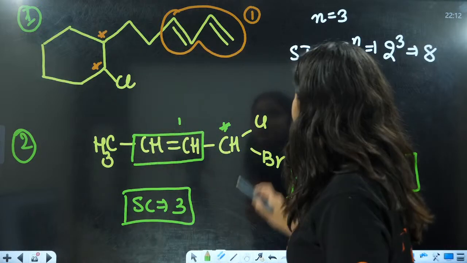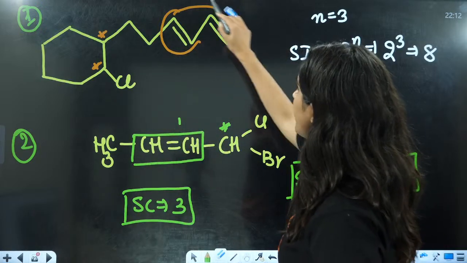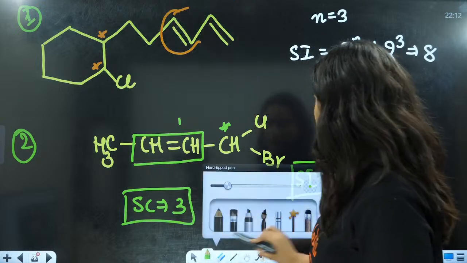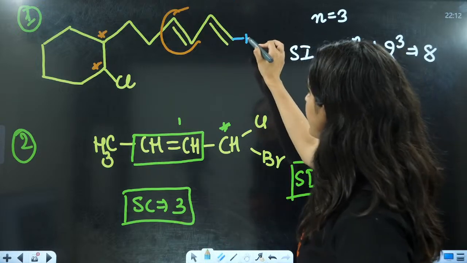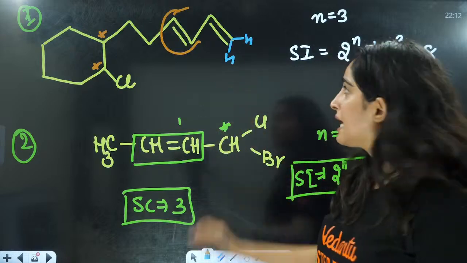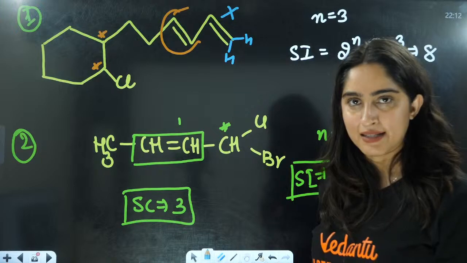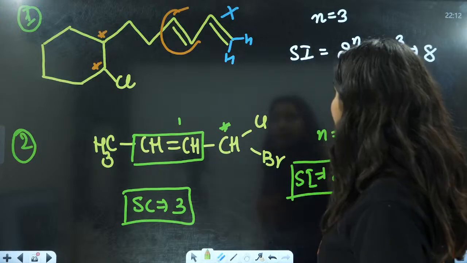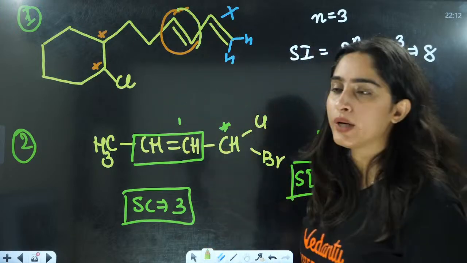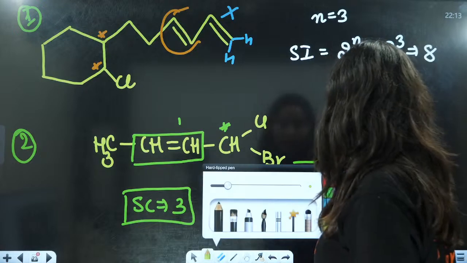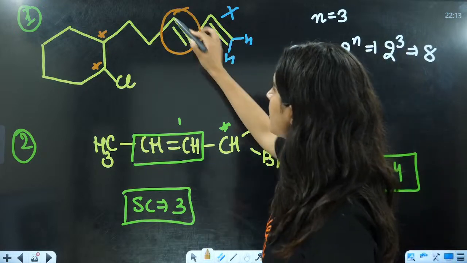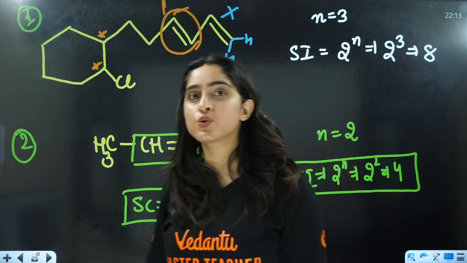Here you have one hydrogen, here you have one hydrogen, so this will not be included. But here we will calculate this one as 1, this one as 1 center.